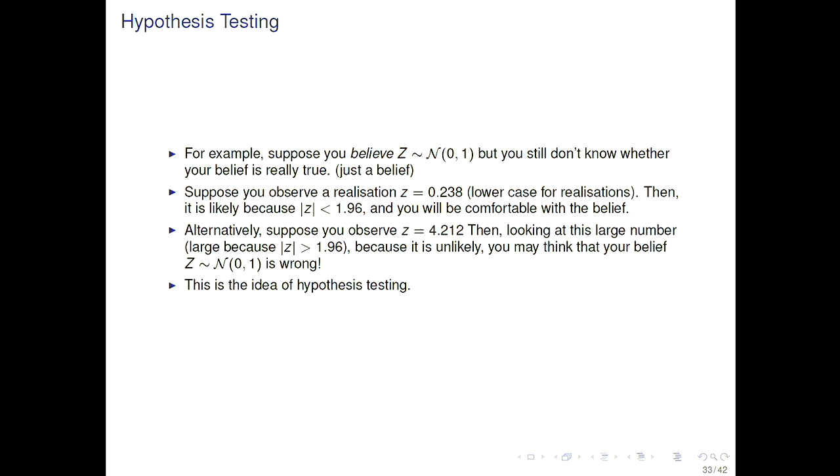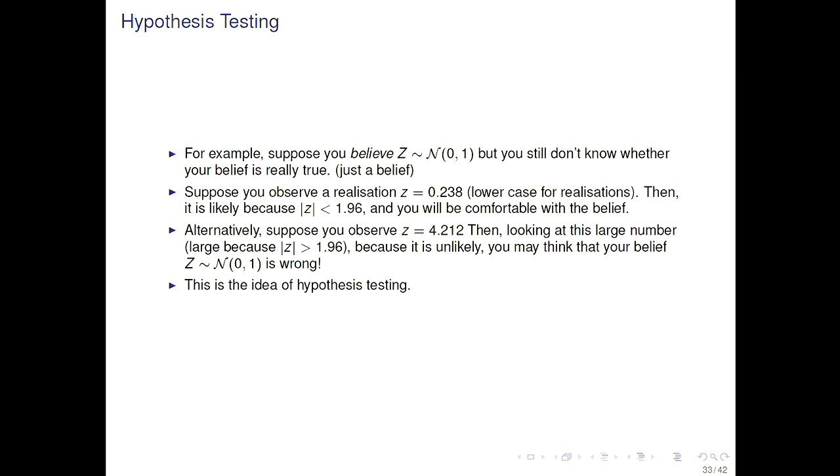So we can apply the same argument for this graph. The probability of these two tails is only 5%. Therefore, it's an unlikely event. Otherwise, this ratio is going to be between this interval with large probability, that is 95%.